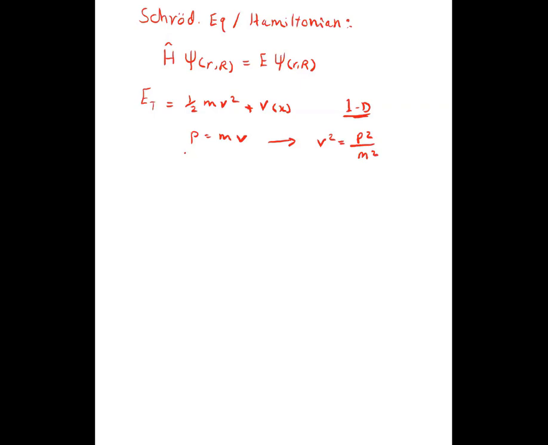Now the Hamiltonian: if you write the energy in terms of momentum, just substituting the v squared here, you end up with p squared over 2m plus V(x), the potential along the x-axis.